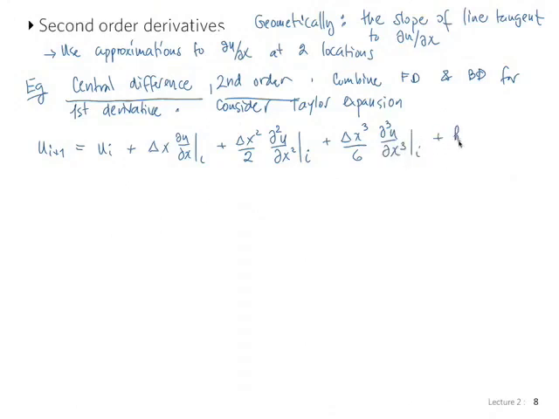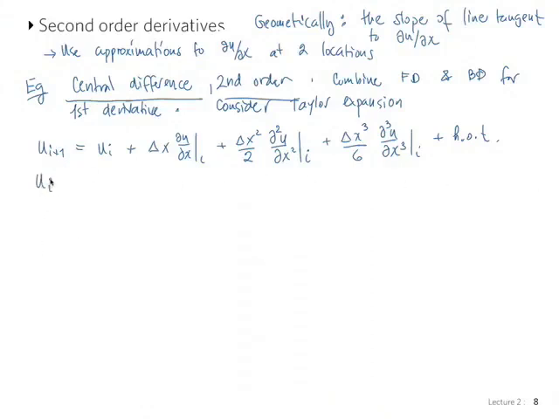Let's just write higher order terms. That gives rise to the forward difference approximation. We just dropped 2 terms, but I'm writing the whole Taylor expansion.